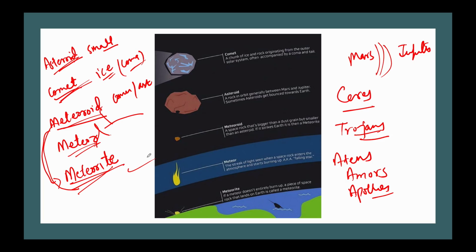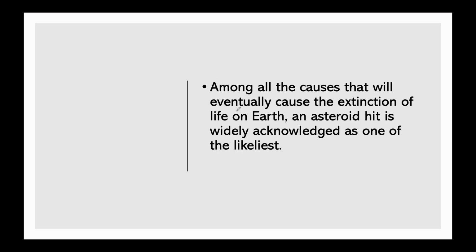Before we start the discussion about impact deflection assessment, this was necessary to tell you. Now see what is the background here, because among all the causes that could eventually cause the extinction of life on Earth, an asteroid hit is widely acknowledged as one of the likeliest. Over the years, scientists have suggested different ways to ward off such a hit, such as blowing up the asteroid before it reaches Earth or deflecting it with a spacecraft.